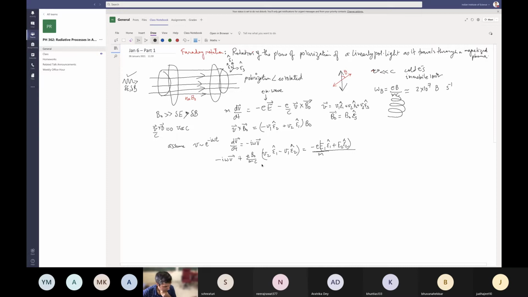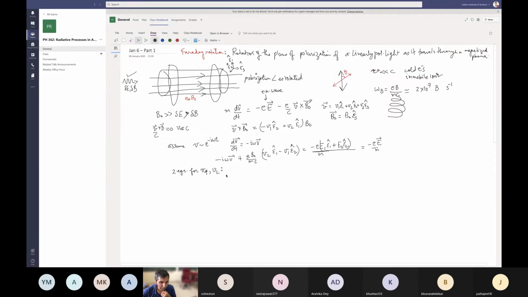Okay, and this electric field is also varying at frequency omega. So what happens is these are two equations for Vx, or V1 and V2, right?